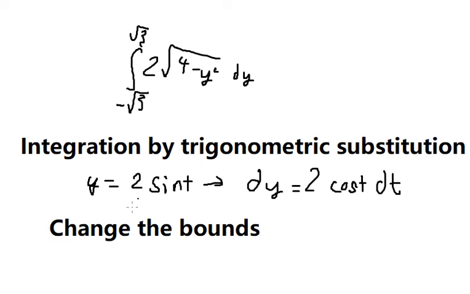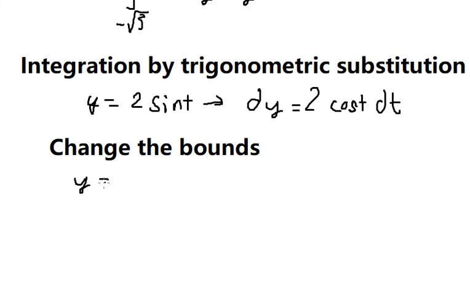When y equals negative square root of 3, we divide both sides by 2, because we put the value in here to find the value of t. So t in this situation is arcsine of negative square root of 3 over 2. So we have negative pi over 3.